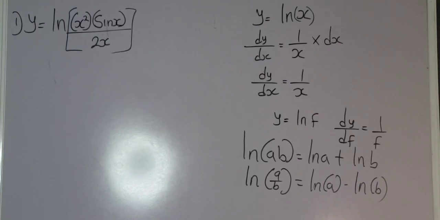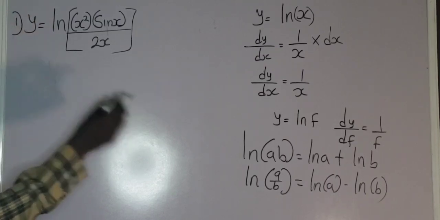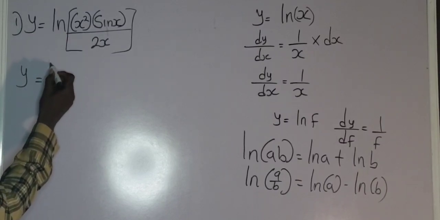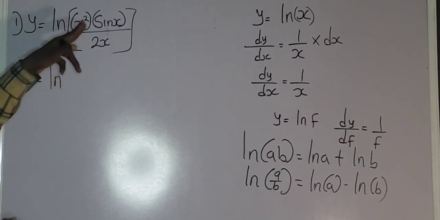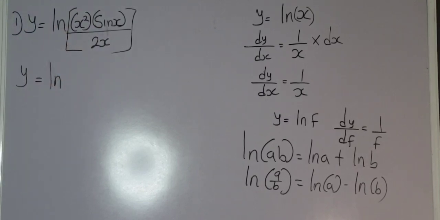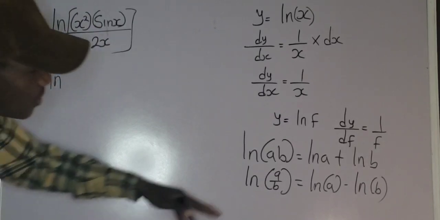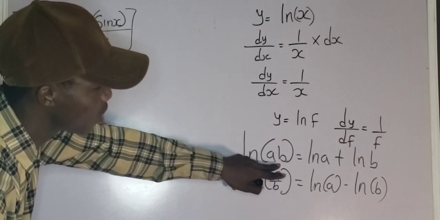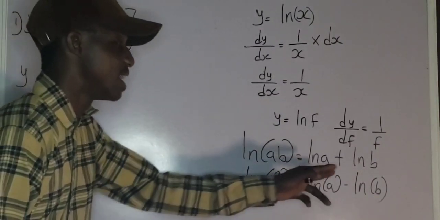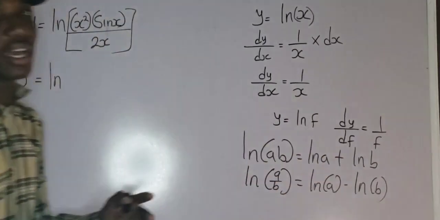So let's proceed. The first step is that we decompose this function so that we can differentiate it easily. y can be written as ln. Don't forget, the sign between x squared and sine x in the numerator is a product sign. And I told you that if we have the natural log of two products, we split it and add a plus in the middle.